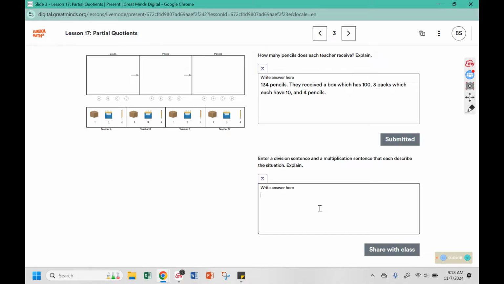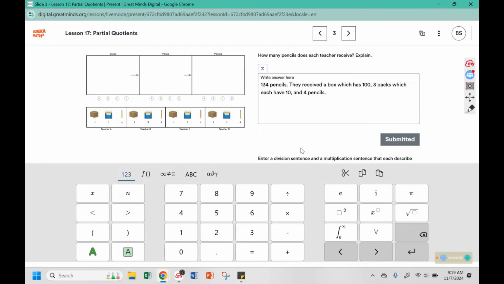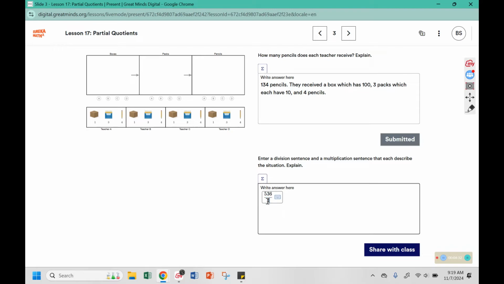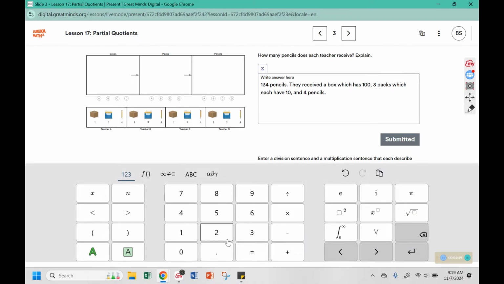Enter a division sentence and a multiplication sentence that describe each situation. So 536 divided by 4 is 134. Or 134 times 4 is 536 pencils altogether.